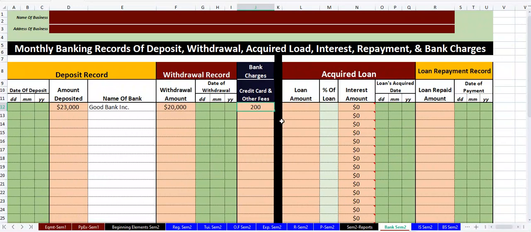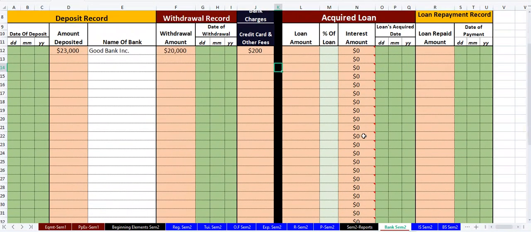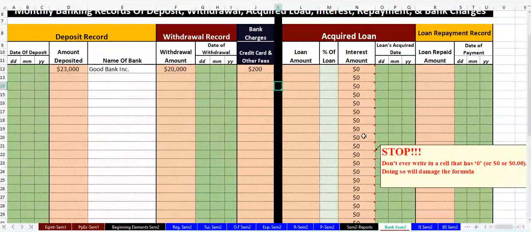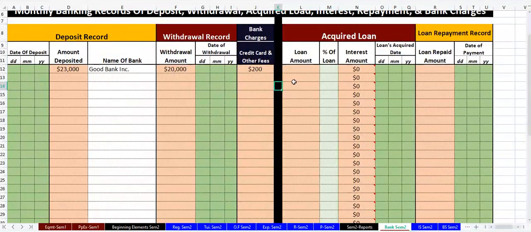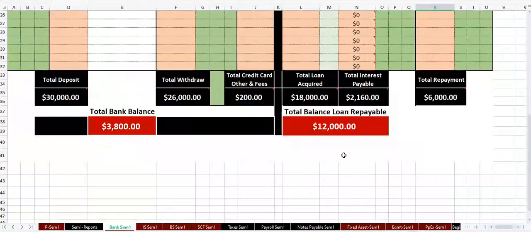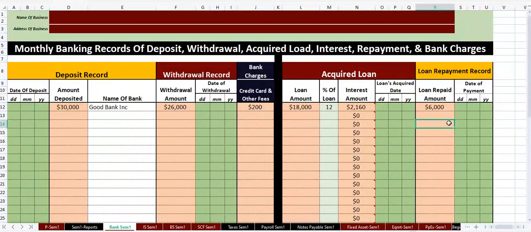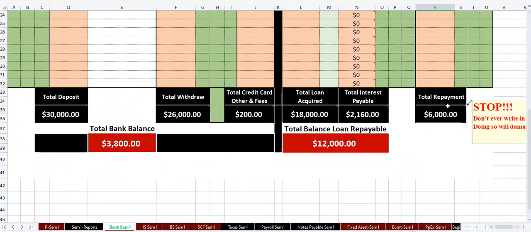And did we take a loan? No, we didn't take a loan. What happened was that we paid part of the first loan. So the balance that remained, we're bringing a record here. The repayment we did was 6,000, and we still owe 12,000.